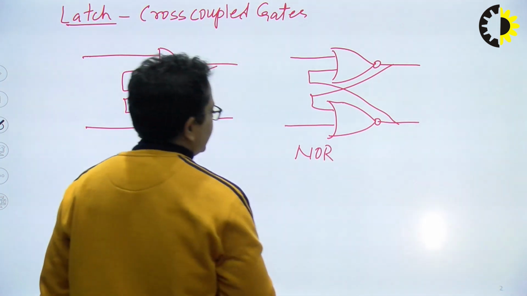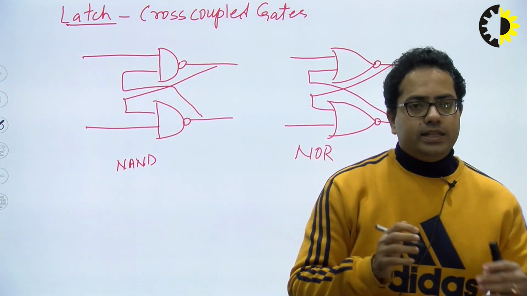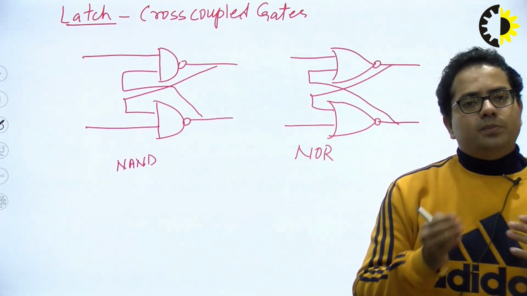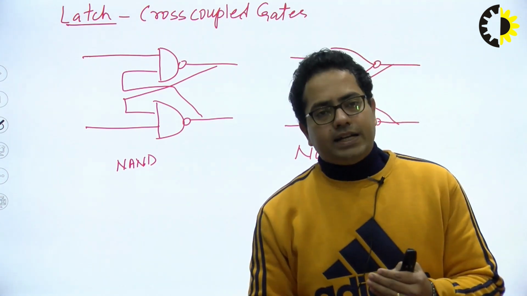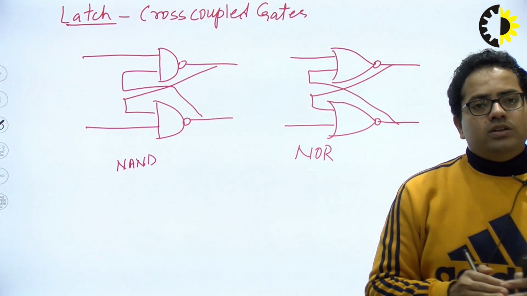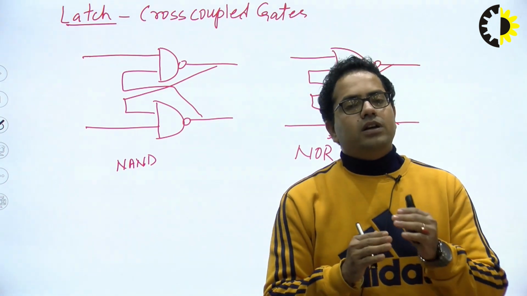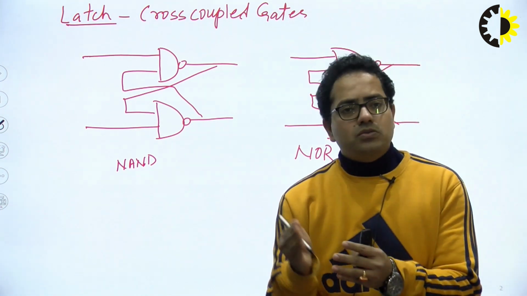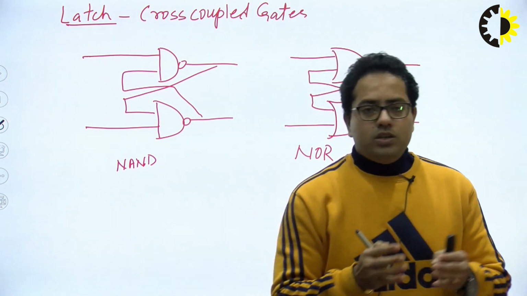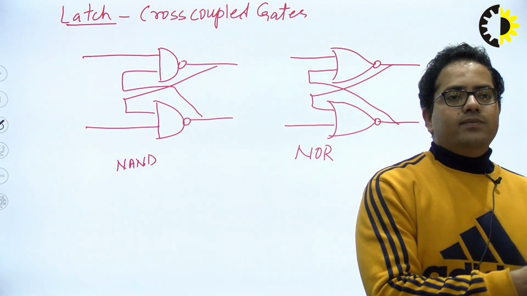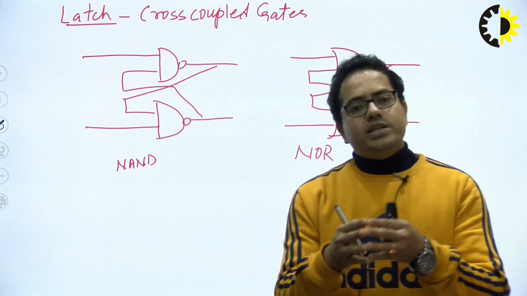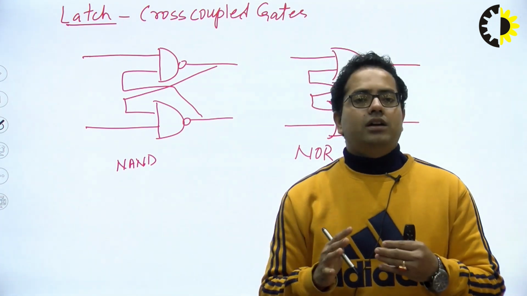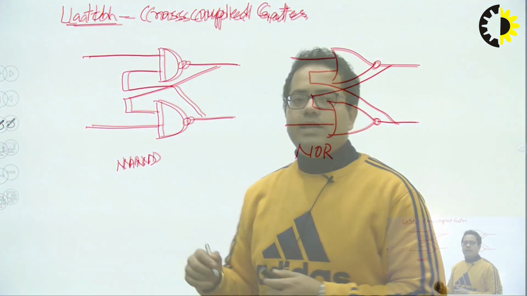Whatever inputs we provide at the input terminals, based upon those inputs it will react and produce the output. That means no triggering is required here; no clock pulse is attached to the latch. Whenever the input is provided, based upon that input, it will produce the output. That is what is called a latch.